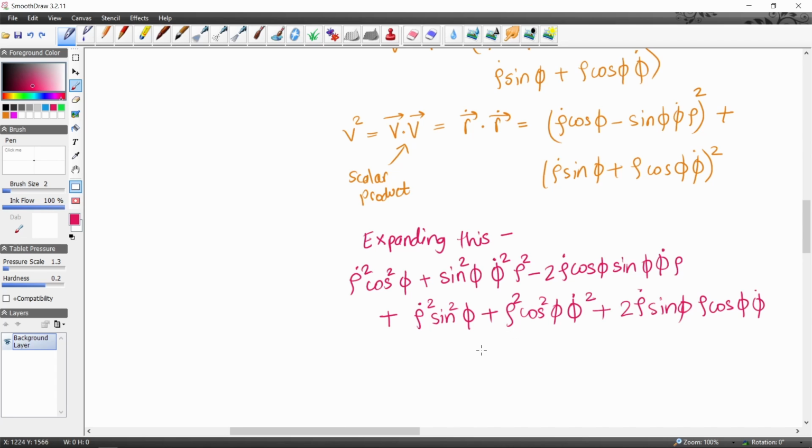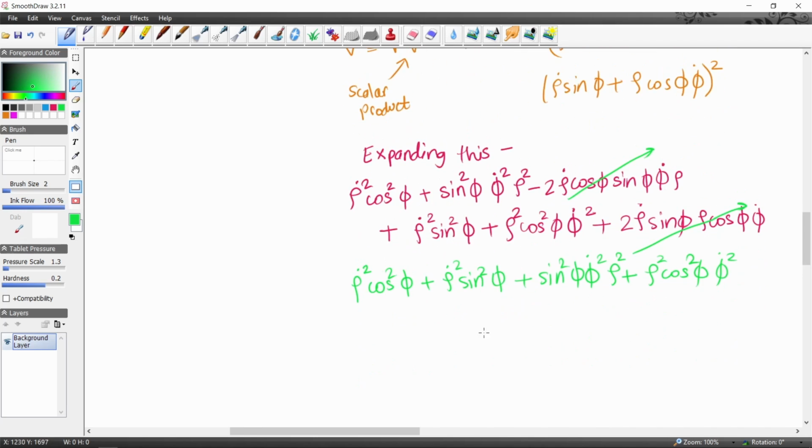Now we can see that the two common terms cancel out, and then we are left with the following expression: rho dot square cos square phi plus rho dot square sin square phi plus sin square phi phi dot square rho square plus rho square cos square phi phi dot square, which is equal to rho dot square plus rho square phi dot square.